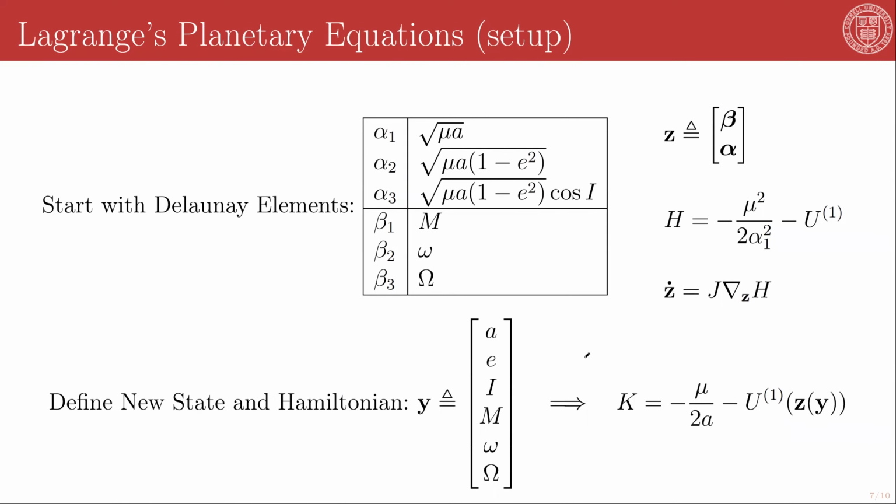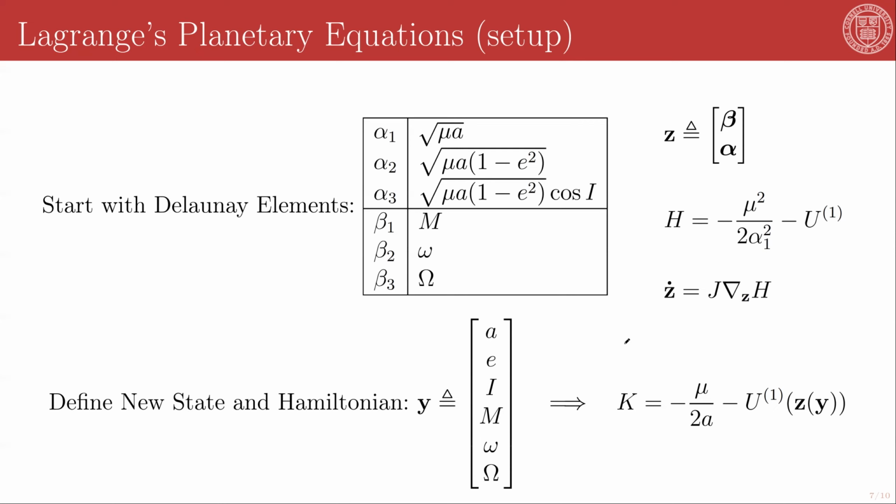And at this point, the only thing that we have to do to get our new differential equations in y is to evaluate the Jacobian of the transformation from z to y, and then just crunch out the linear algebra, do that matrix multiplication, M J M transpose.